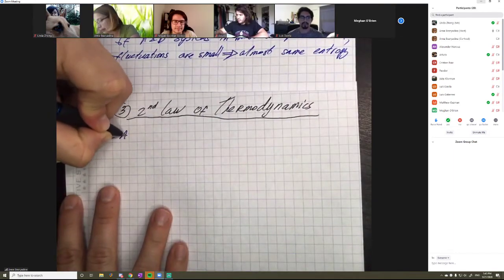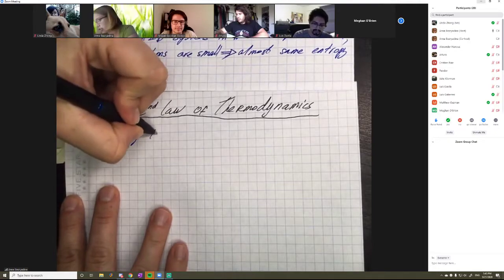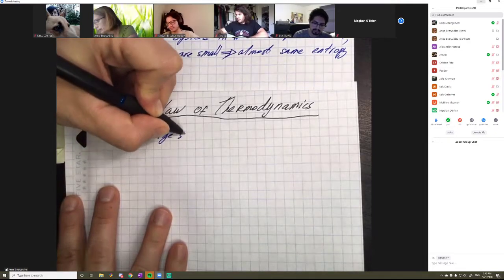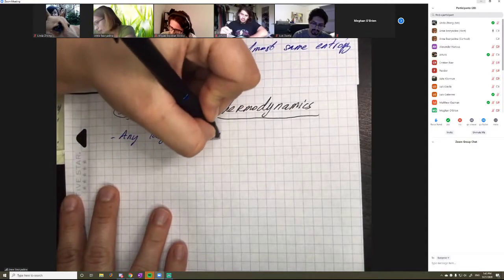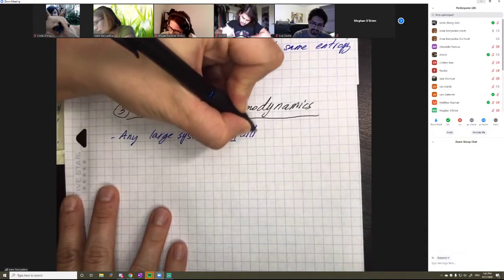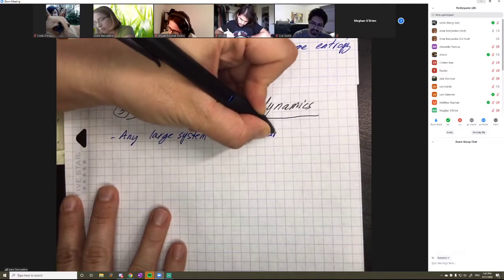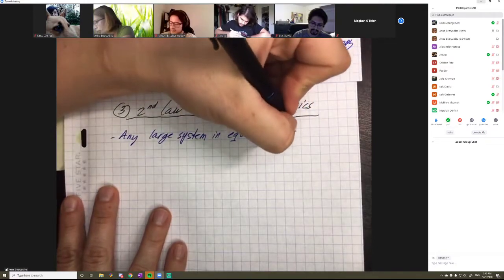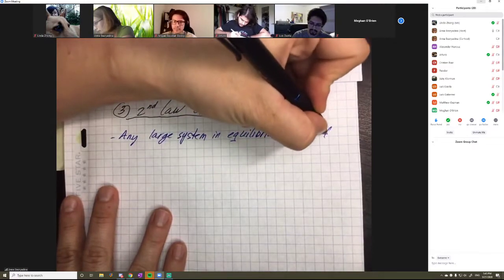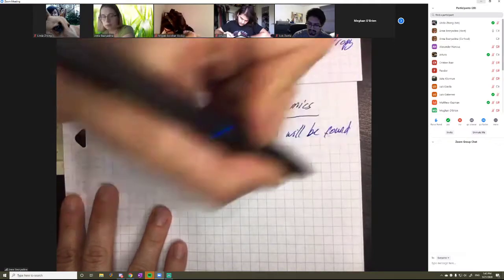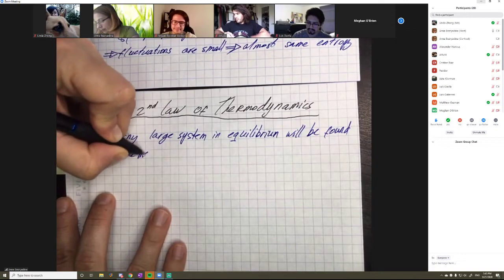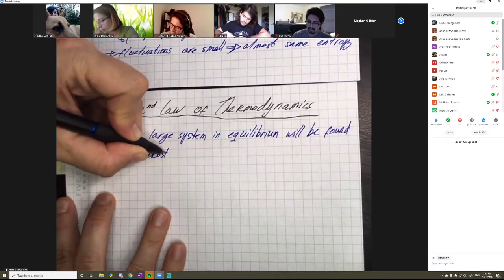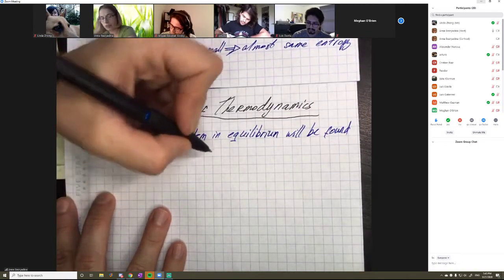So any large system in equilibrium will be found in the macrostate with the greatest entropy.